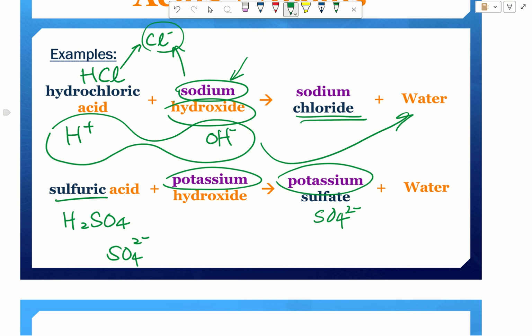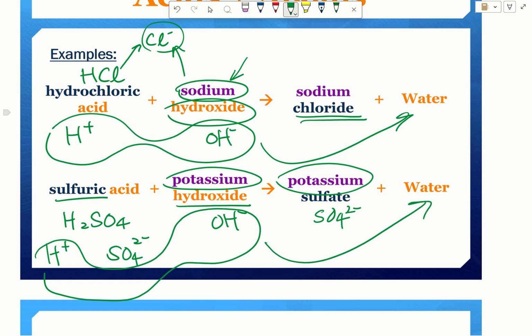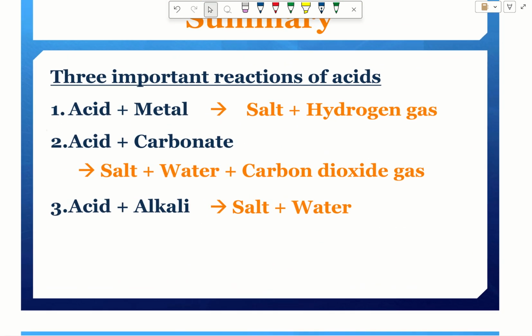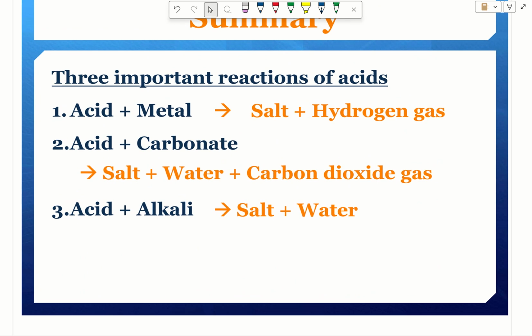Okay, and what about hydroxide? It is OH minus. It will combine with the H plus ion from the acid, and together these two will form my water. So in summary, these are the 3 important reactions. Of course, these are the general ones that you need to know, but you must learn how to apply. How do we name the salt? It depends on the kind of acid that we use.